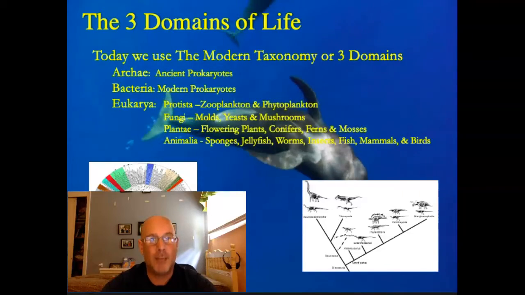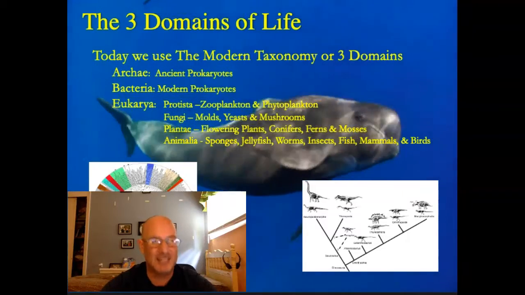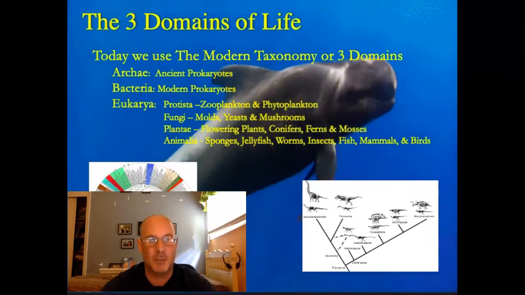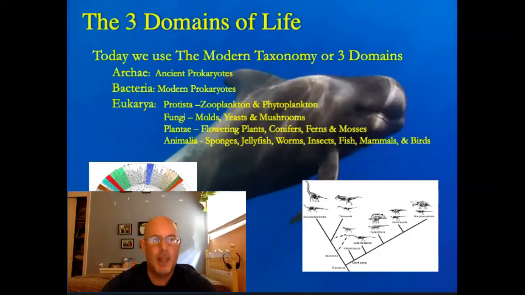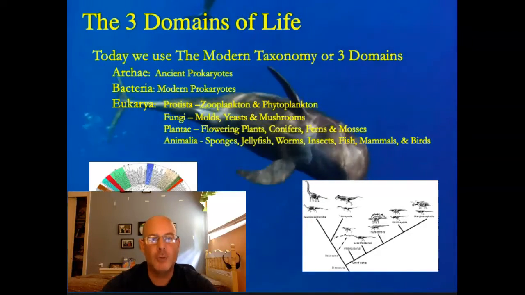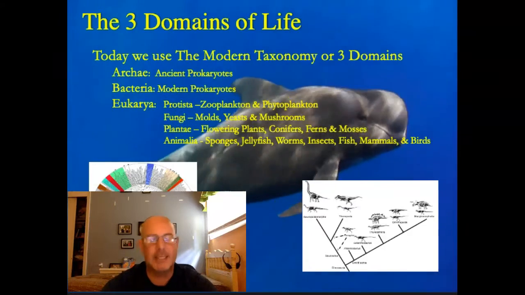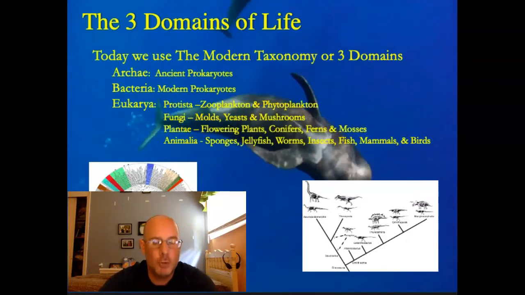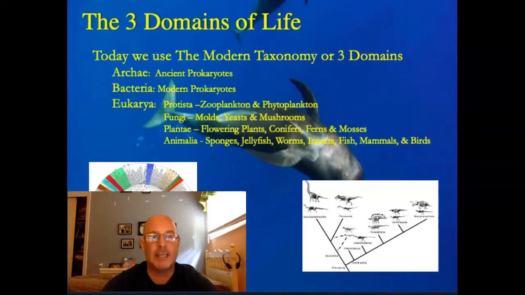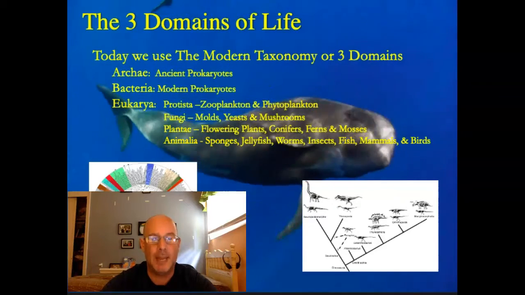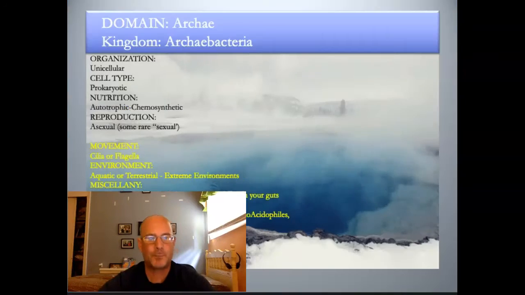Then there's regular old bacteria, the stuff that's in our intestines, the stuff that makes us sick, makes us throw up. Those are called Eubacteria. And then you have Eukarya. And Eukarya is everything else, plants, animals, and fungi. Humans, lions, tigers, and bears, oh my, all belong in the domain Eukarya.